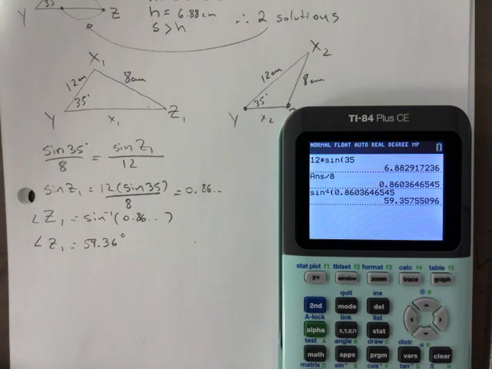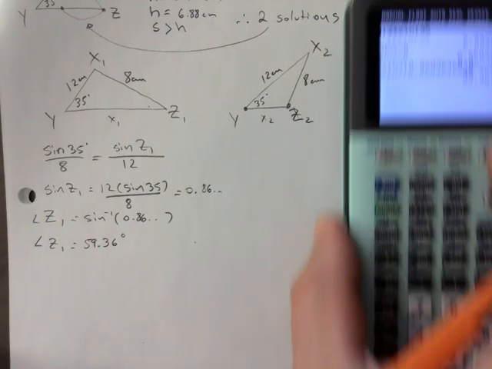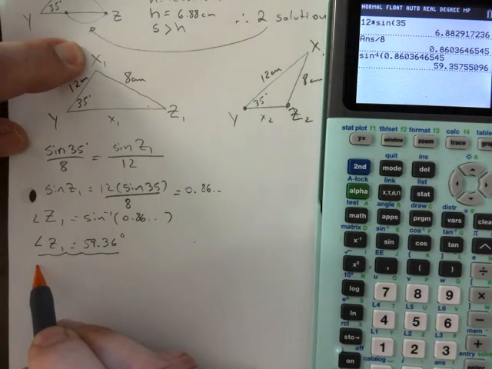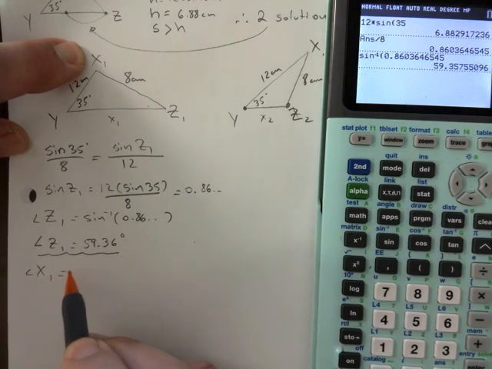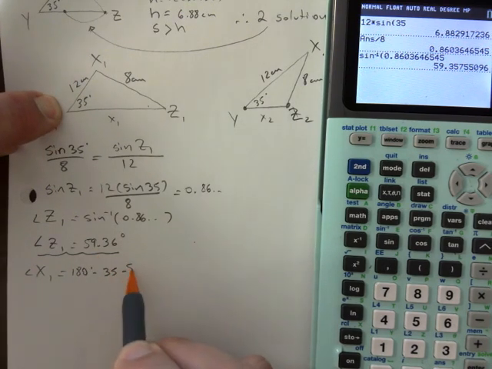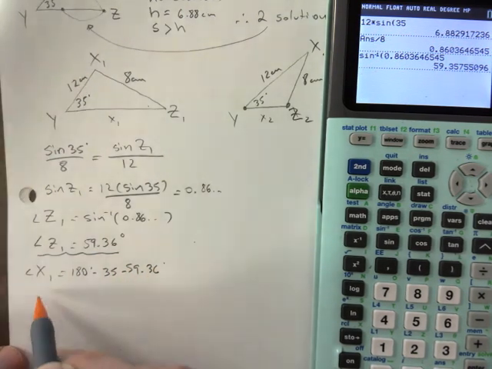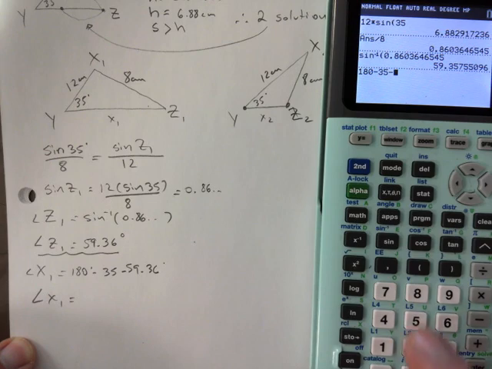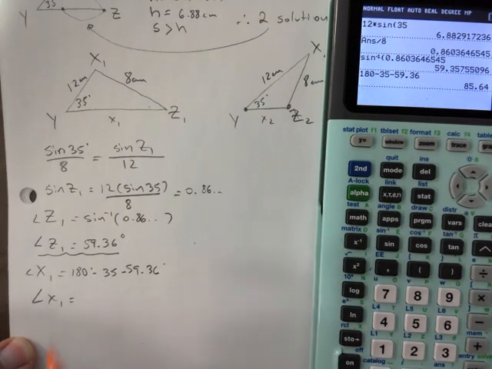Are we doing okay? Those that did the homework, it matches? Okay, good. And so X1, you've got to be careful. X1 is 180 minus the 35 minus the one you just found, 85.64. Okay, that's also important.